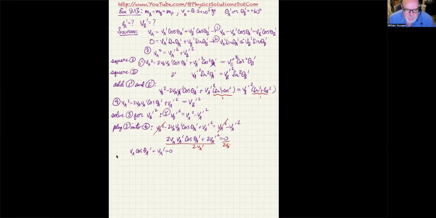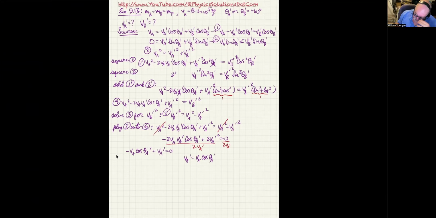So I'm trying to make sure I didn't lose a negative or anything. Let me see. There was a negative in front of this. That's what happened. There was a negative right here, so I got to have that negative there, and that's going to fix this. So now what I have is va prime is equal to va cosine theta A prime.